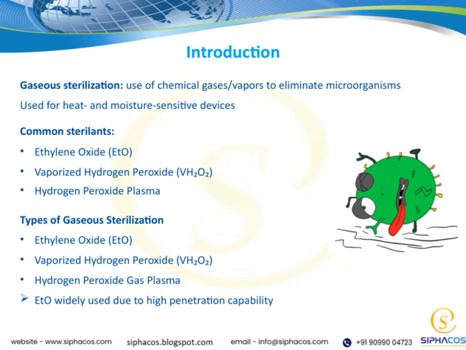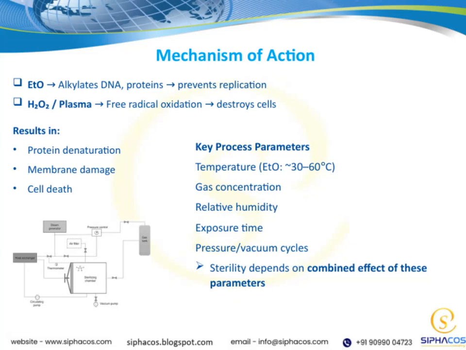Overall, gaseous sterilization plays a crucial role in maintaining safety and sterility, especially for devices that can't withstand traditional heat or moisture-based methods. It's a key part of our sterilization toolkit, ensuring we can sterilize a wide range of medical and laboratory equipment effectively.